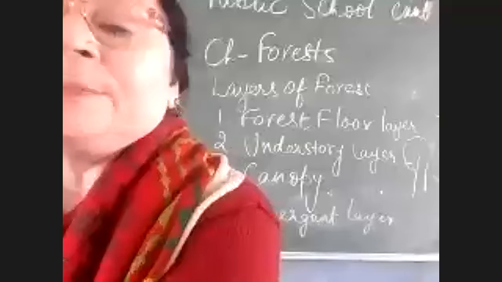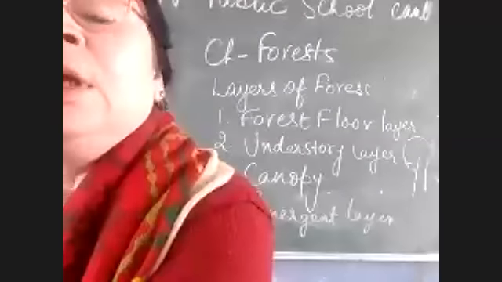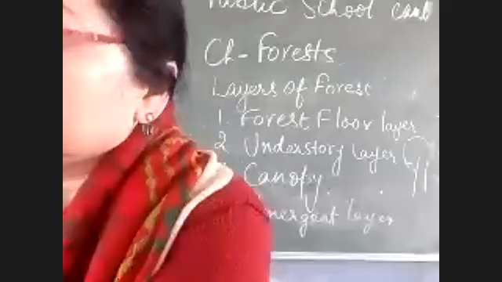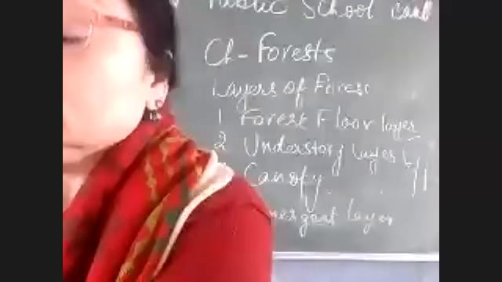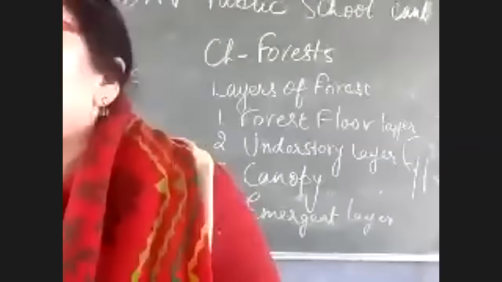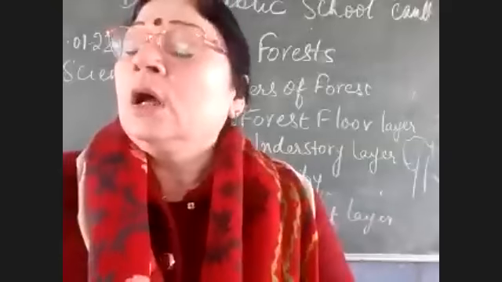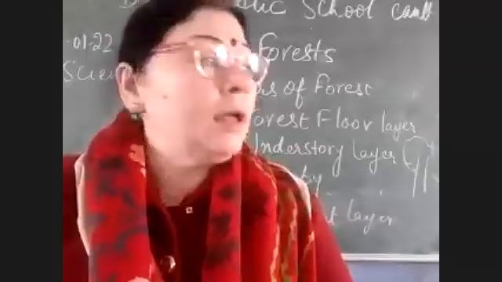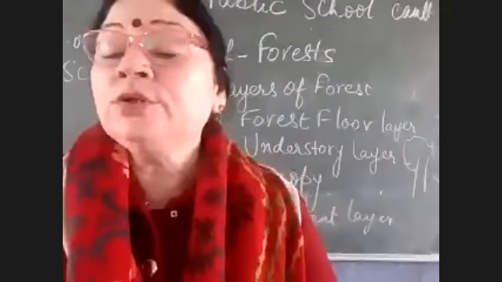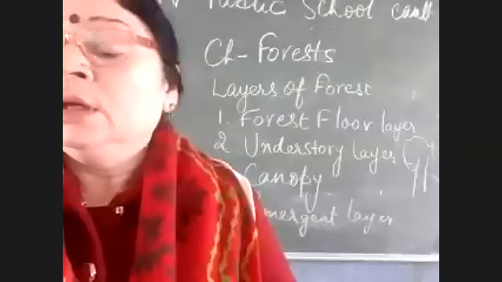Also you can spell it like this. Then food chain, food web. These are all definition terms that you will learn, with examples. And the different layers of the forest, that is forest floor, understory, canopy, and emergent. These are the terms you are going to learn for tomorrow's homework, and underline the hard, difficult words.